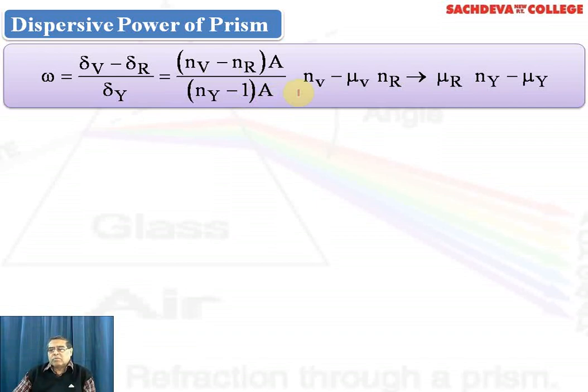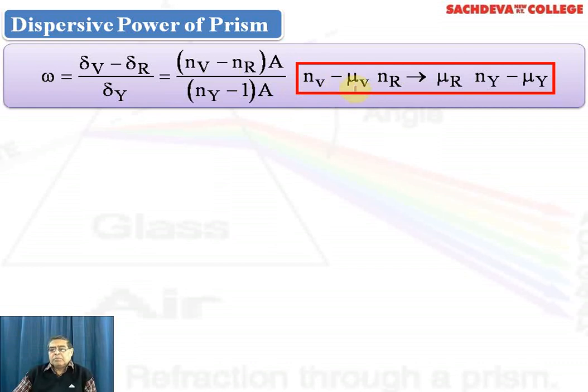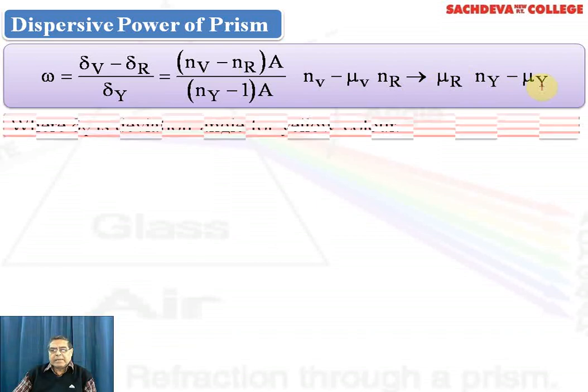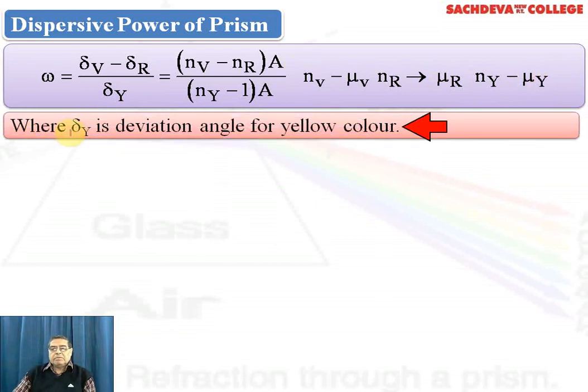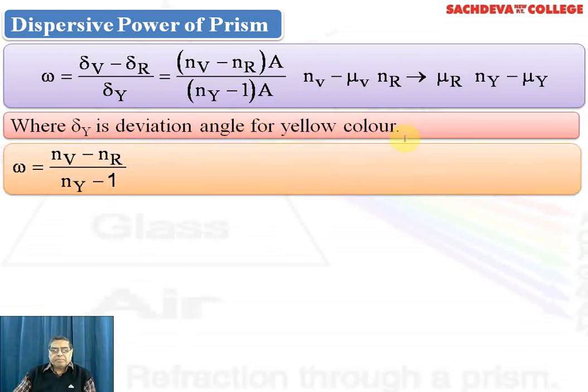So after all calculation, omega can be written as mu V minus mu R divided by mu Y minus 1. Here mu Y means the refractive index of yellow light, while delta Y is the deviation angle for yellow color.